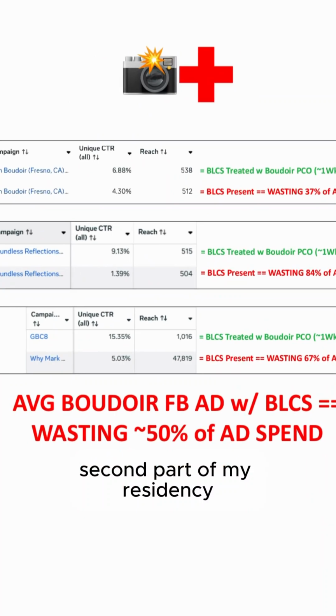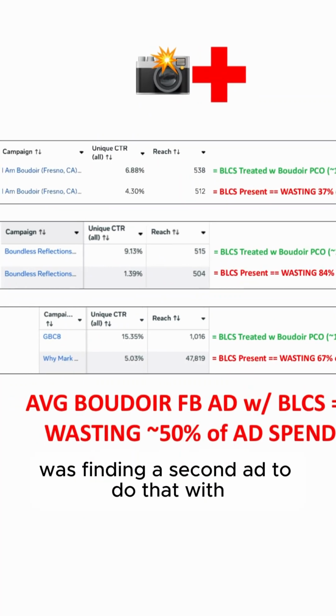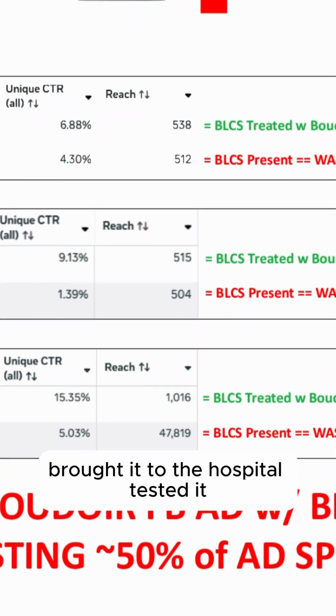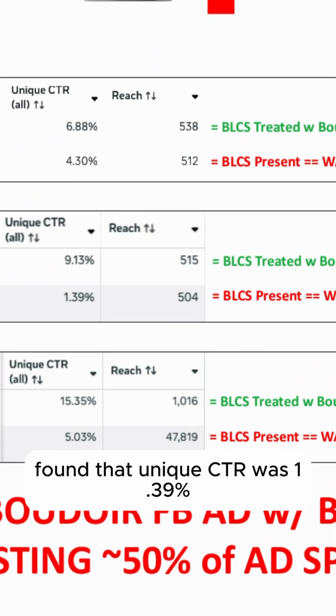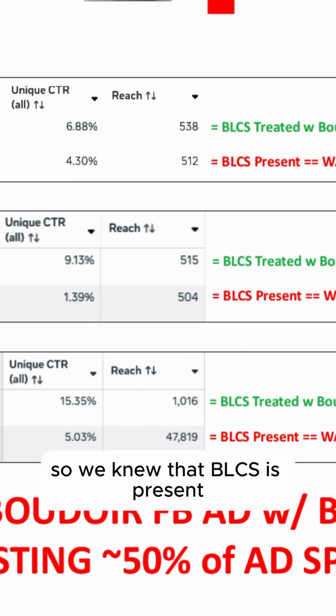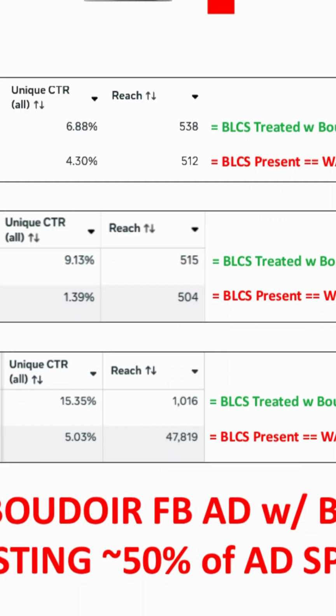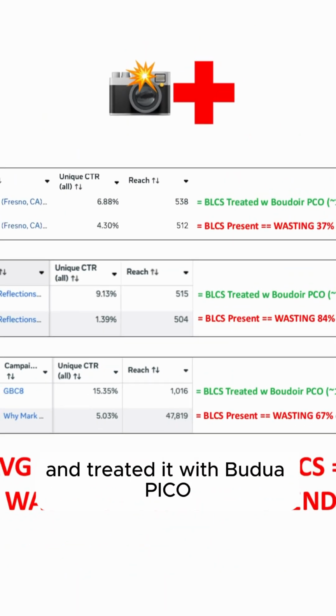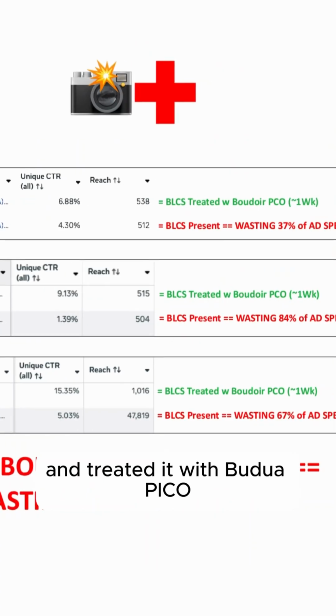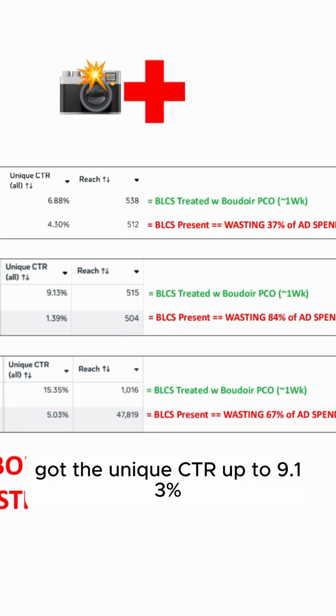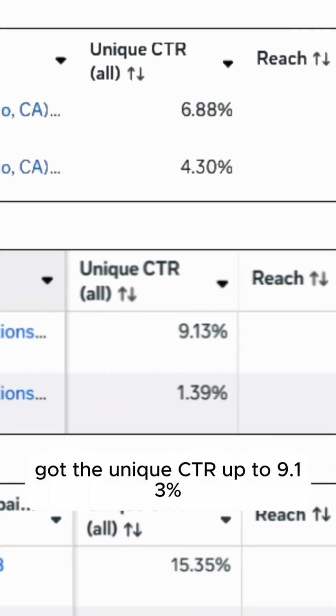Second part of my residency was finding a second ad to do that with. So I found another one out there, brought it to the hospital, tested it, and found its unique CTR was 1.39%. So we knew that BLCS is present. We duplicated that and treated it with Boudoir Pico, and got the unique CTR up to 9.13%.